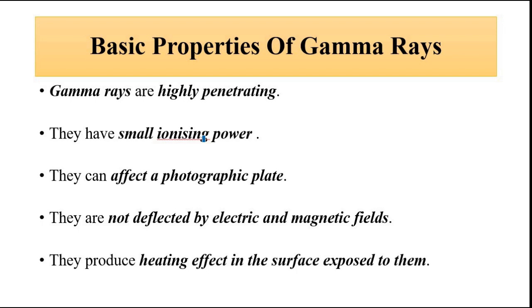So they have small ionizing power, and they affect a photographic plate also to a small extent. Again, a photographic plate is basically a light sensitive material consisting of silver salts mixed with certain gels to form an emulsion, and a coating of it is spread on a plate of specific shape and size, which can be customized according to requirement.